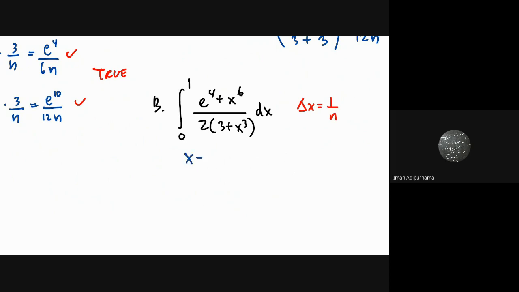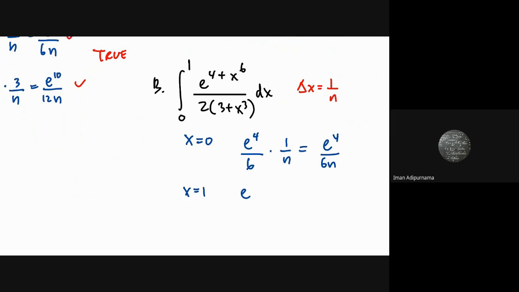We can check x equals 0, then this will be e to the 4 over 6, multiplied by 1 over n, so e to the 4 over 6n. x equals 1, this is e to the 5 over 8, multiplied by 1 over n.